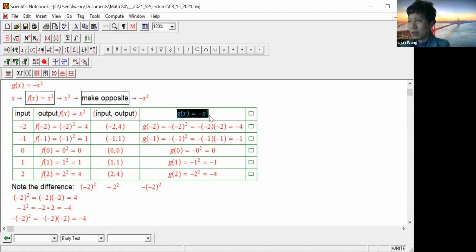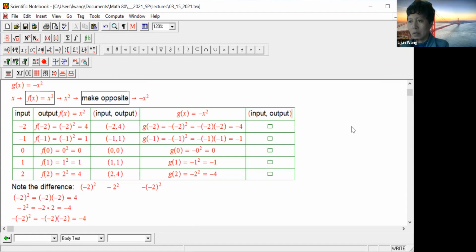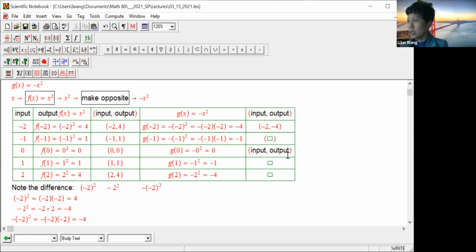Now, for this new function, -x squared, we are also going to compose the input output. So what will be the input output here? The input is -2. The output is -4. I want you guys to compose all of these points for the new function g.